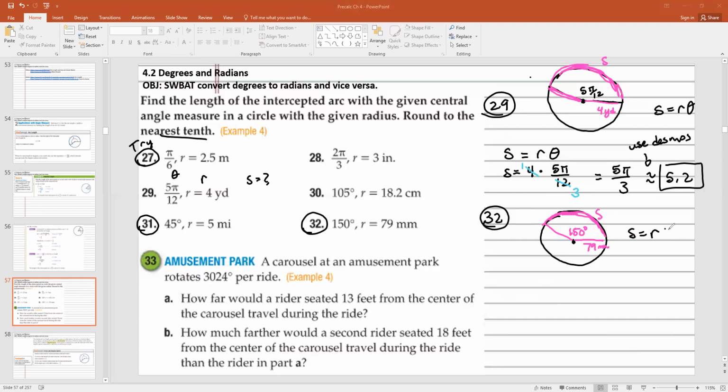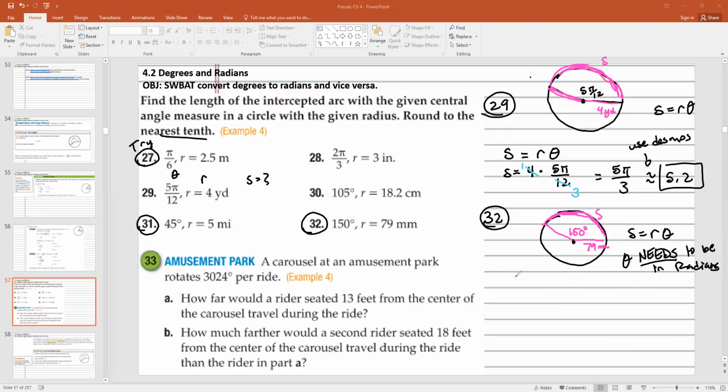So s equals r theta. Now you can't do 79 times 150 because theta needs to be in radians. I should capitalize this to signify importance: theta needs to be in radians.